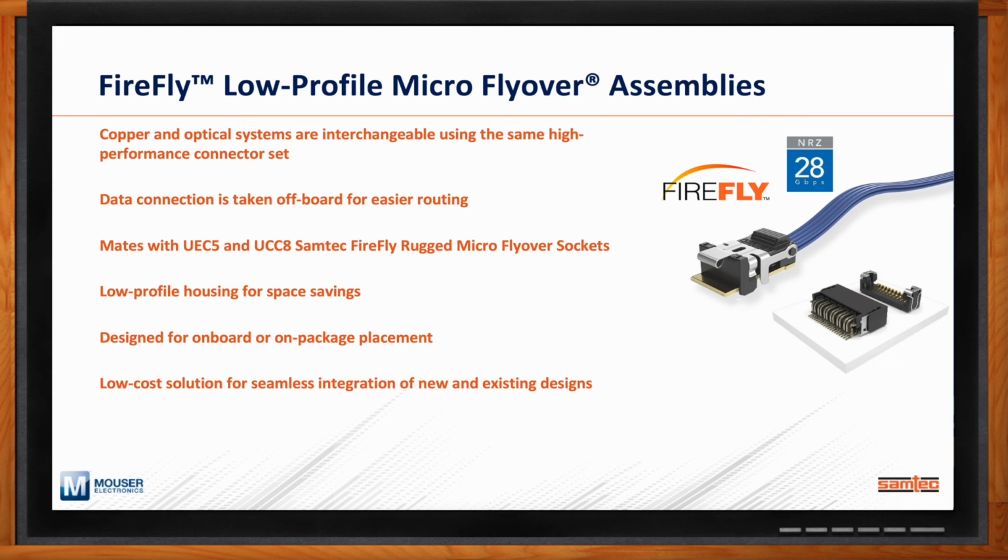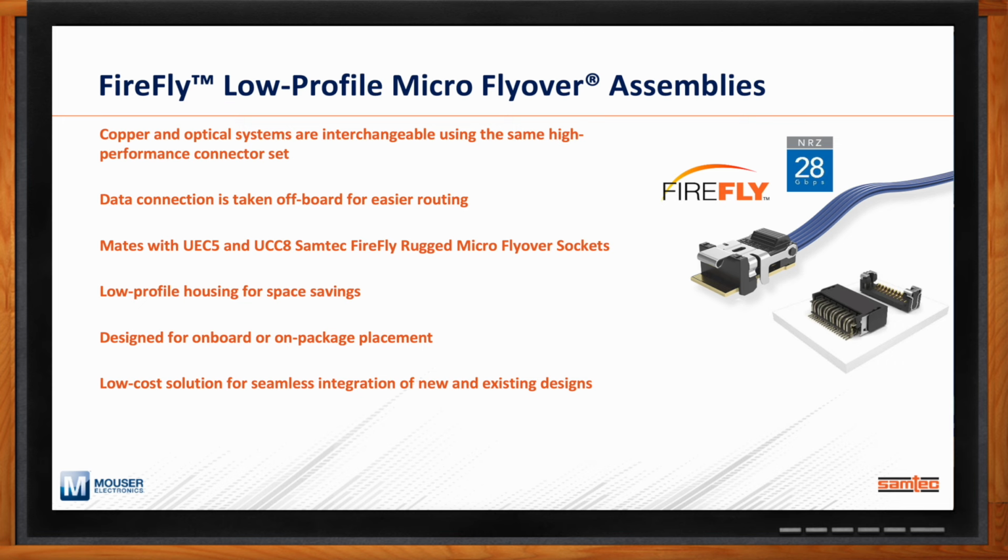What do I mean by that? We tend to think of Firefly as being future-proof. If an engineer is designing a system at lower speeds, say 10 gigabit per second, which is very prevalent within the embedded space, but the engineer needs a future-proof path up to 28 or higher speeds, you can design in the Firefly footprint, add the copper Firefly in it, design, develop the system, and then you realize, okay, I can go a meter or two with copper, but I need to increase my data width and I have to go up to 100 meters with optics.